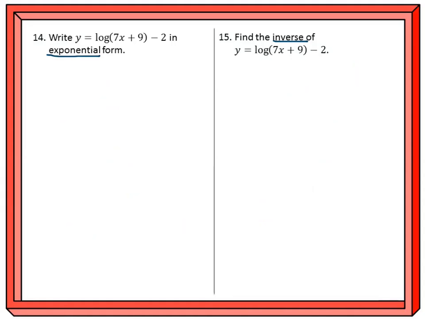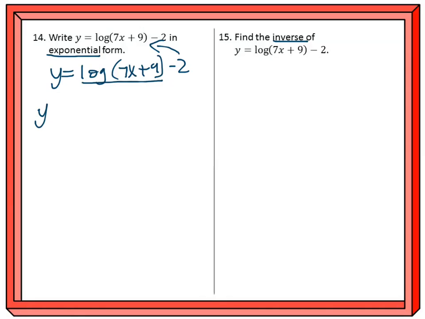It's just depending on whether you switch the x and the y coordinates. So, on number 14, writing in exponential form, let me go ahead and write the equation down again. y equals log of 7x plus 9 minus 2. In order to write it into exponential form, we have to first isolate the log term. So let's get the 2 over to the left-hand side.